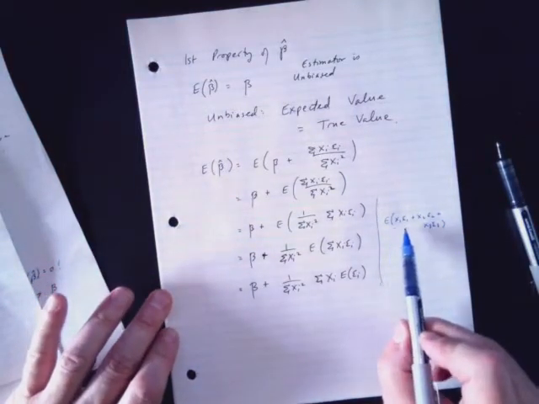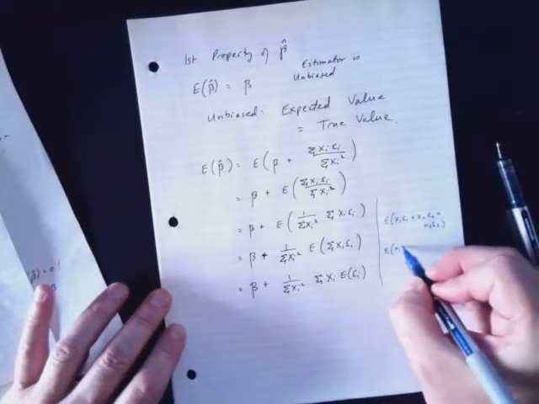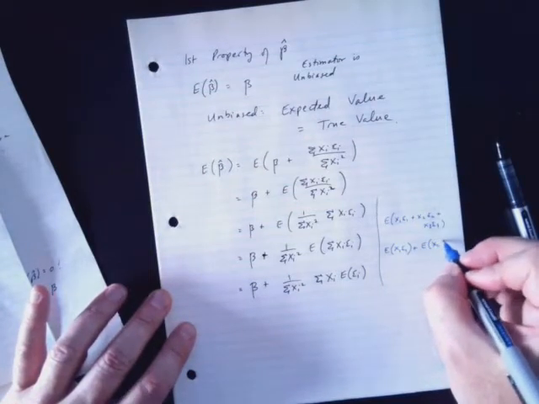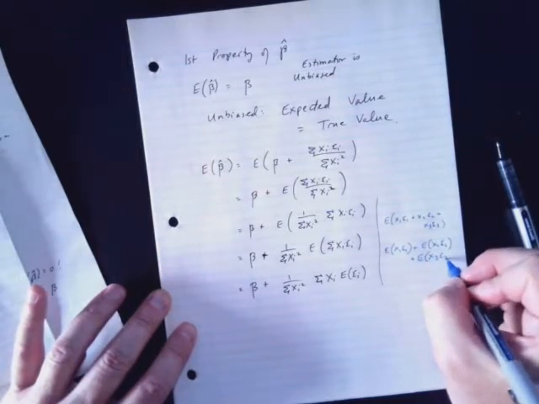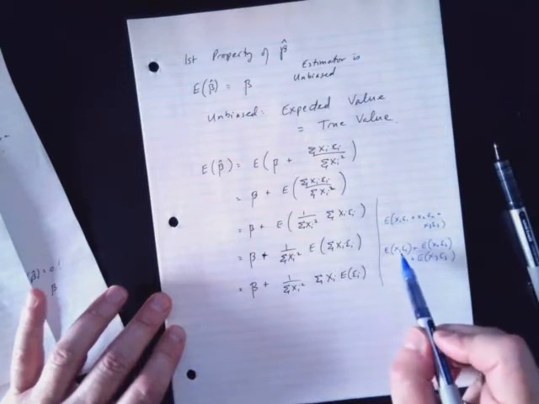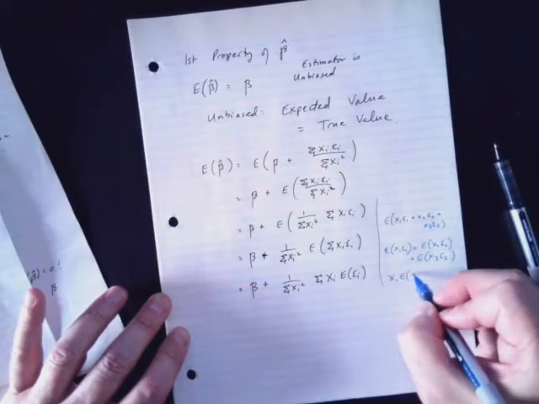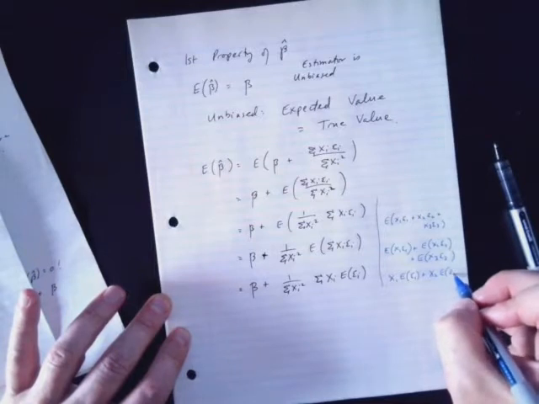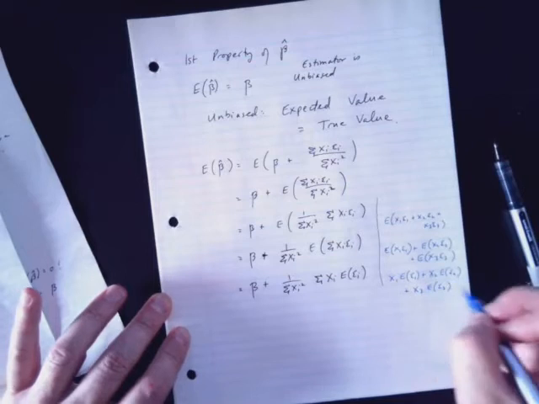The expectation operator is linear, so we can write out the terms separately. And now you can see, if x1 is a non-random term, that's why we can take it outside. So that's x1 times the expected value of epsilon 1 plus x2 times the expected value of epsilon 2 plus x3 times the expected value of epsilon 3.